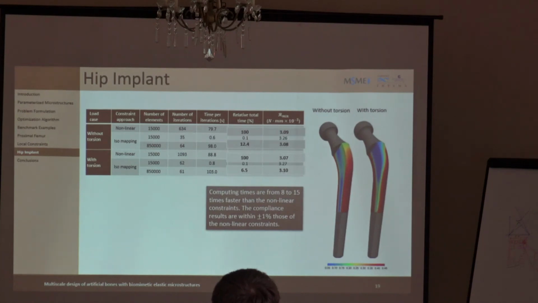If we compare the coarse mesh with the nonlinear approach and the fine mesh with the isoparametric mapping, nevertheless we have like 50 times more elements for the isoparametric mapping. It still performs better regarding the computation time. And the results in the compliance are actually quite similar.